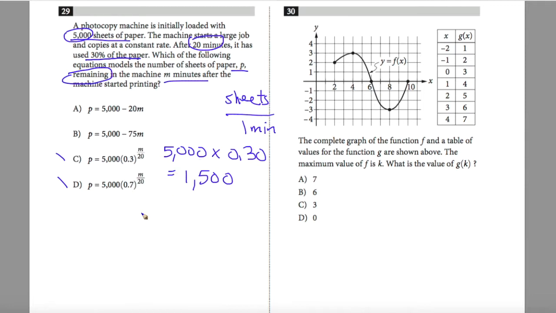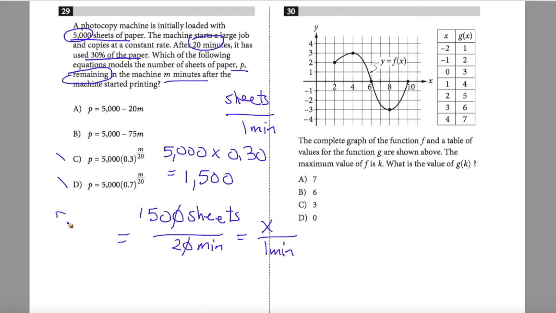And my 1,500 sheets is going to be divided by my 20 minutes. And this will tell me how many sheets I am going to do over 1 minute. To quickly do this calculation, cross out some zeros. Here I have my 75 sheets per 1 minute. So it appears as though B will be my best answer for question 29.